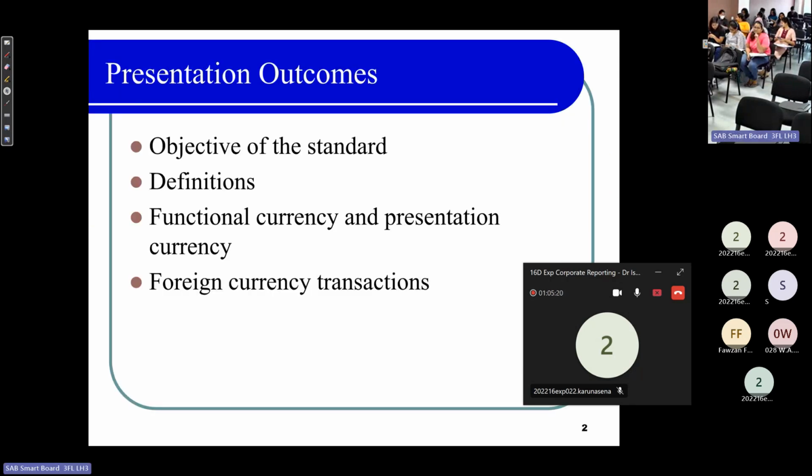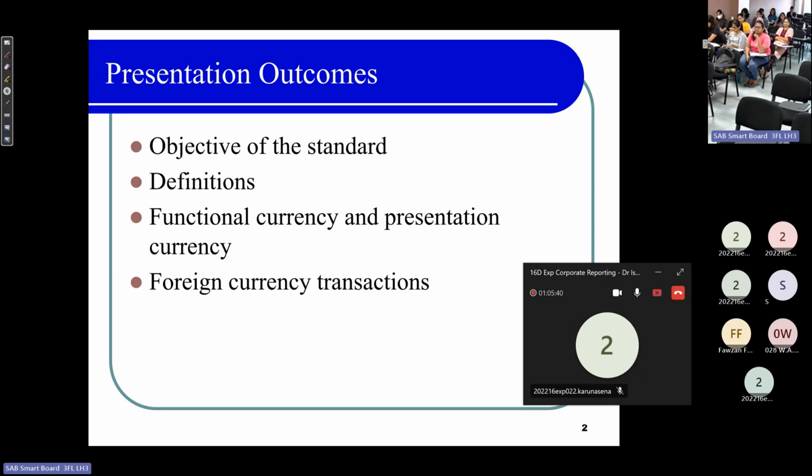These are the presentation outcomes, objective of the standard, definitions, functional and presentation currency. Then foreign currency transactions. We focus on foreign currency transactions in this lecture, not foreign operations. But you should know what foreign operations are.